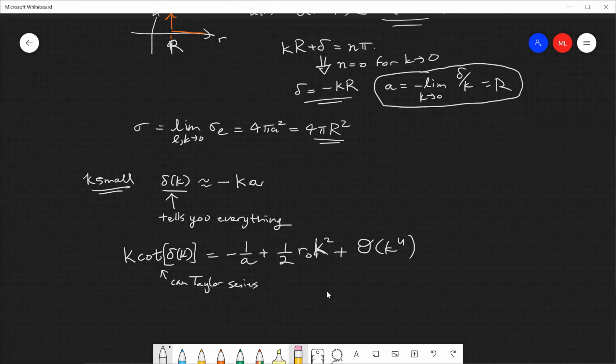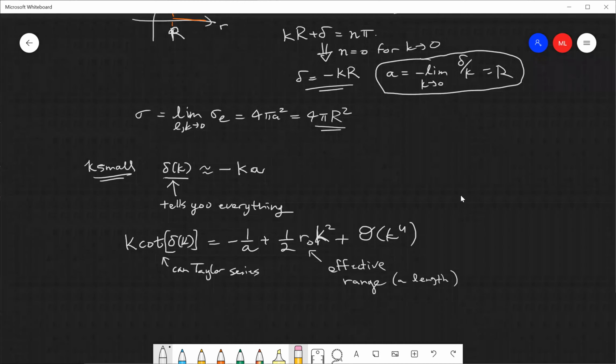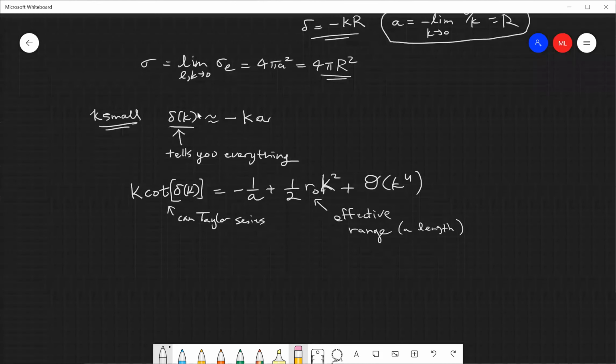This r naught is something called the effective range. And it has dimensions of length, just as the scattering length does. And just so you know, if you have a phase shift described by a scattering length and this effective range, the associated scattering amplitude for S-wave scattering is, and again, remember it's related to the phase shift as follows.